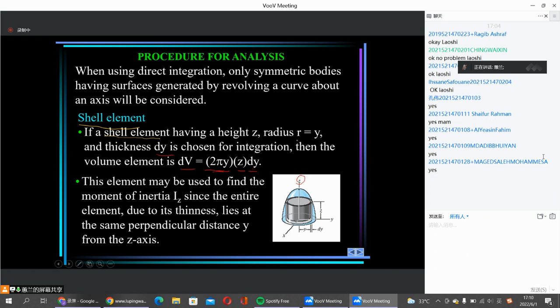Just now in two dimensions the height was equal to 1, but here the height is equal to z. So this shell element can be used to find the moment of inertia about the z-axis, because the entire element, due to its thickness, lies at the same perpendicular distance y from the z-axis. We just talked about this, right?